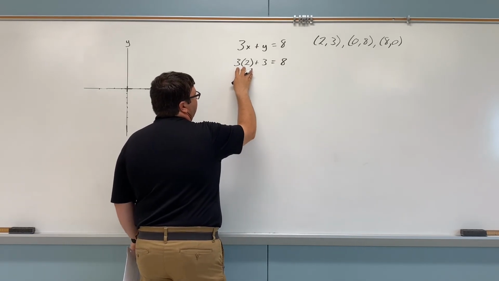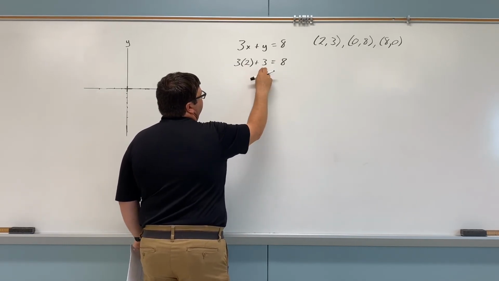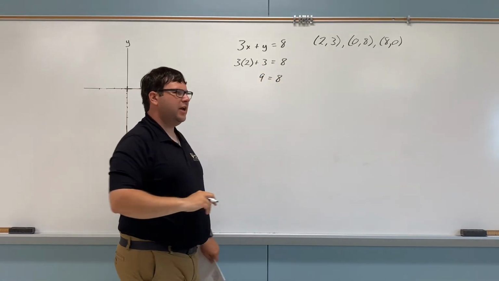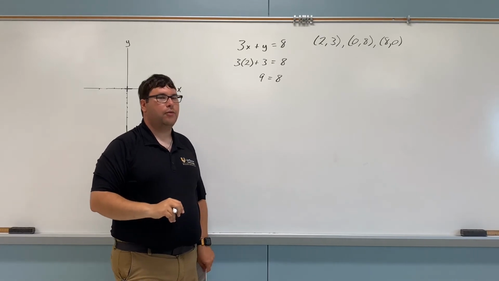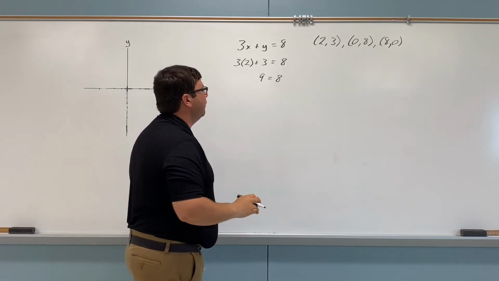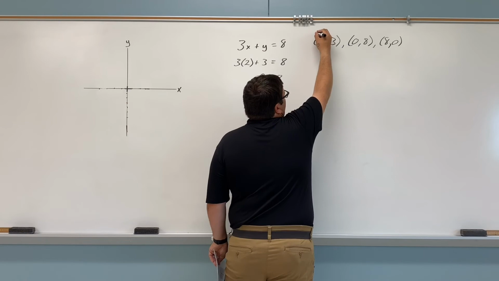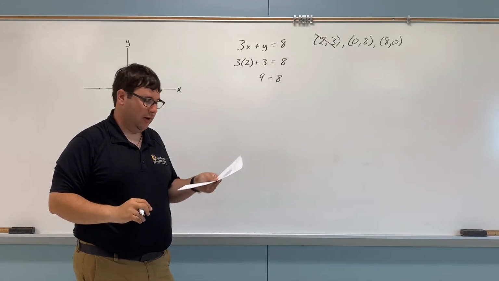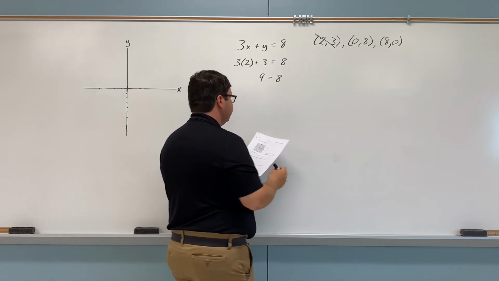Simplify this out. That's going to be 6 plus 3 is 9 is equal to 8. Does 9 equal 8? No. So that is a false response. This is not a point of the solution. It is not an ordered pair that will work.